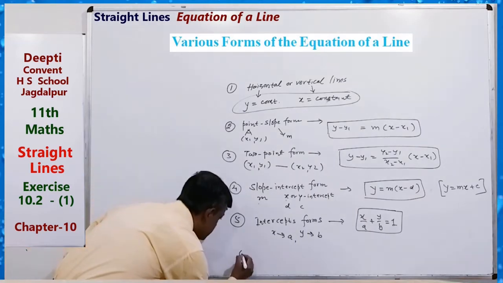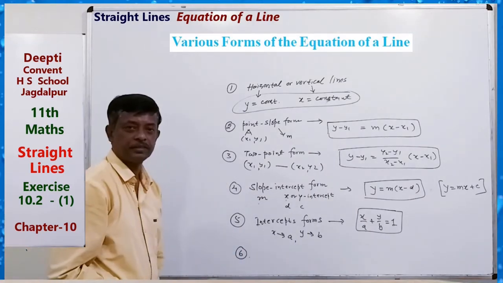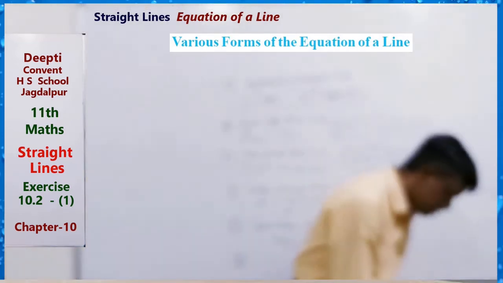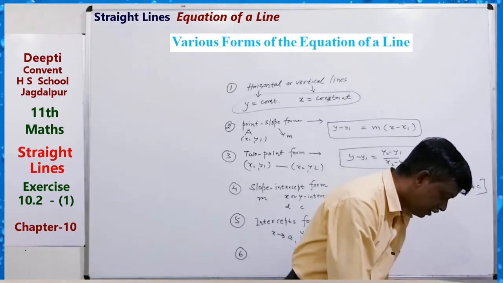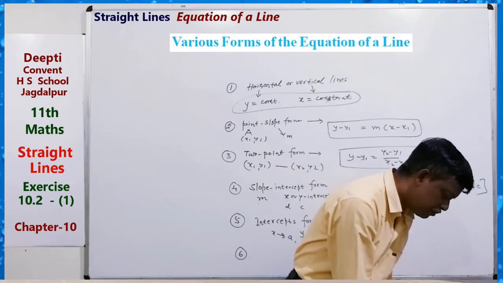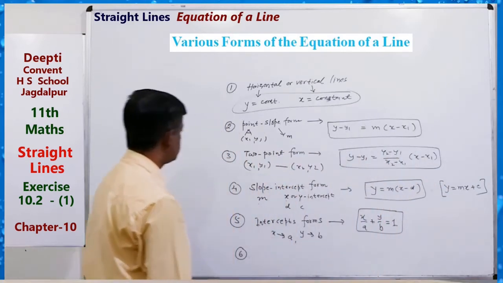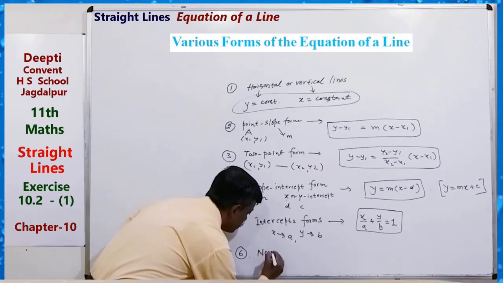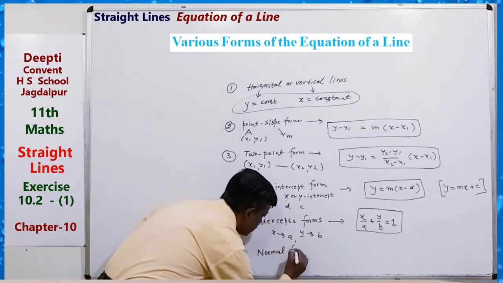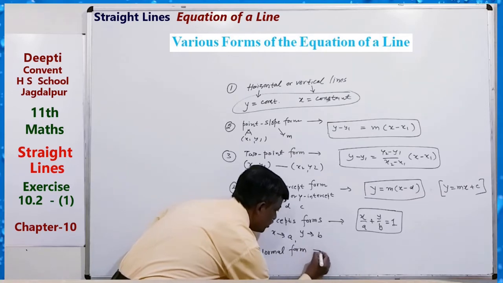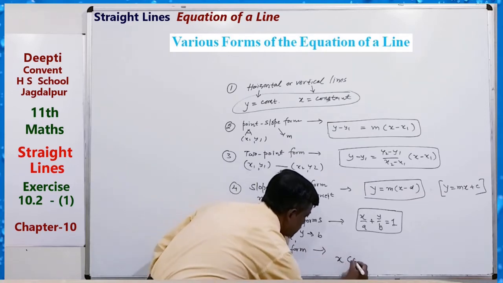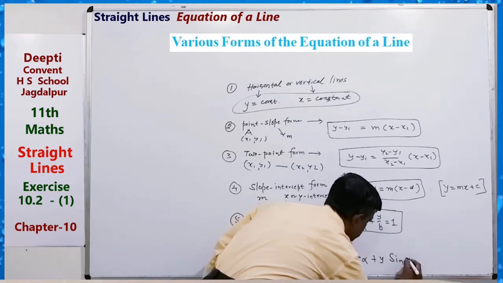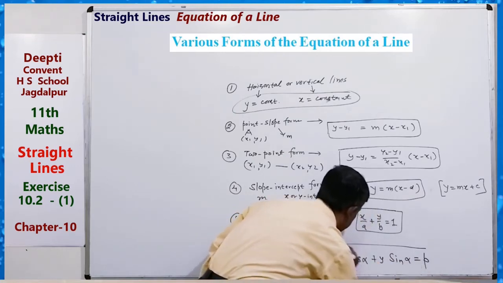And 6 is what? Slope intercept form, then intercepts form, and then normal form. 6 is the normal form: x cos alpha plus y sin alpha equals p.